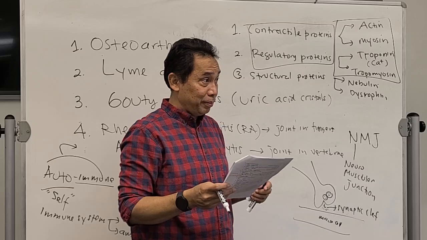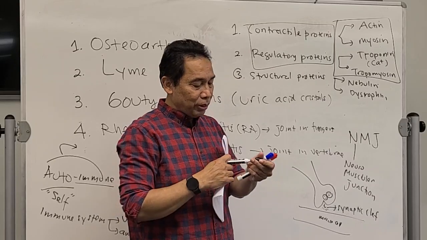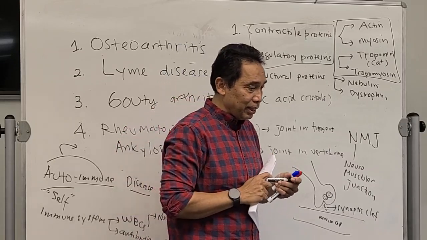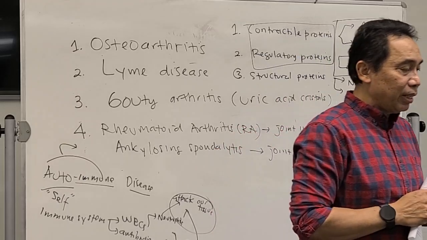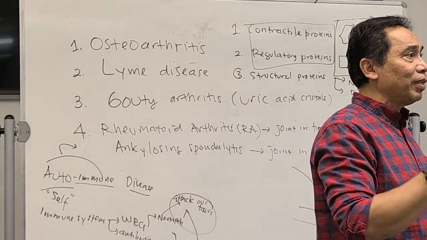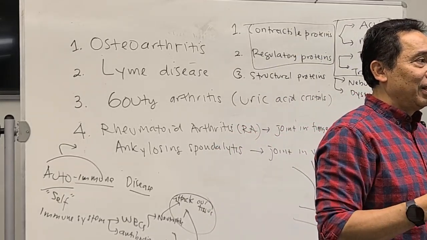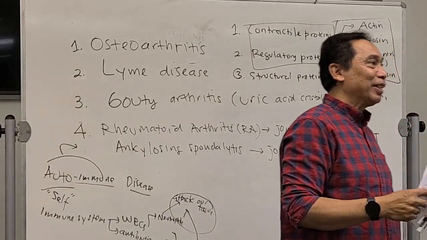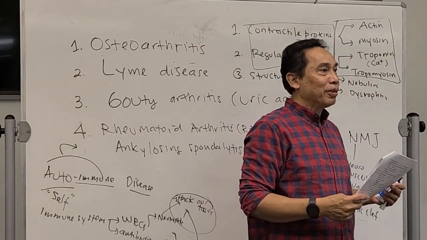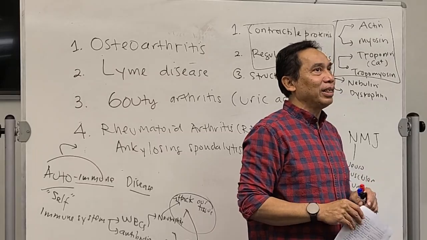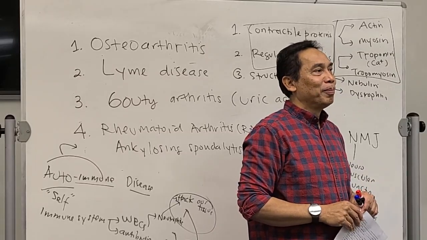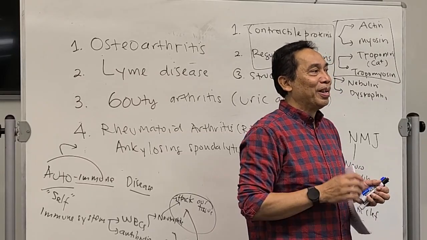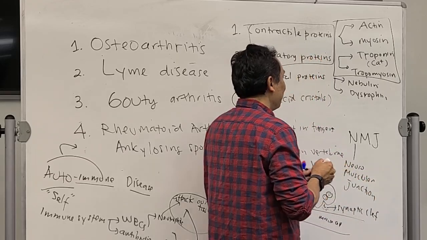Get it? Okay. Now make sure you also know that inside the muscle cell we have a special reticulum that is used for storage of calcium. What is the name? SR, sarcoplasmic reticulum. And we have a special protein that carries oxygen. What is the name? What does muscle mean?